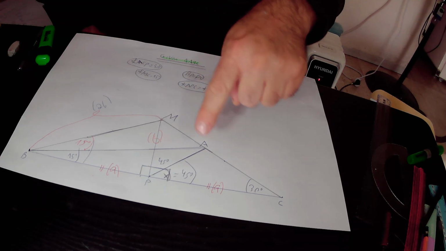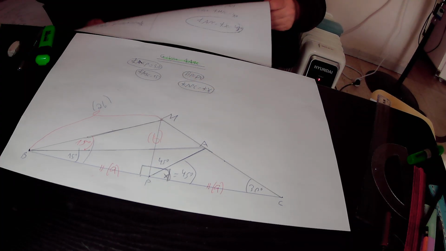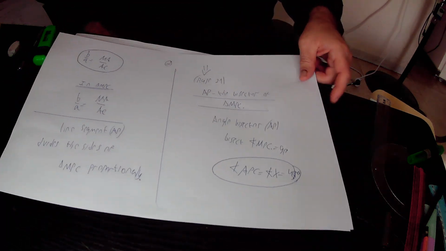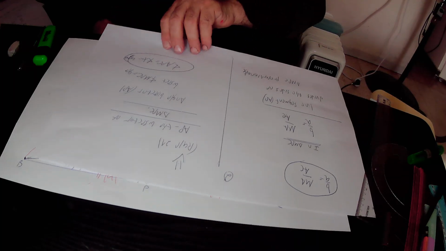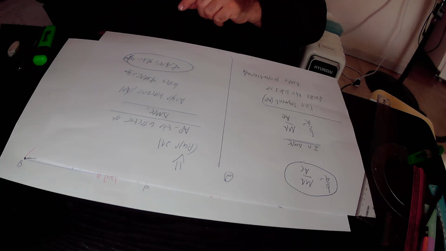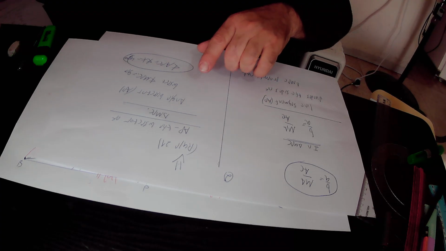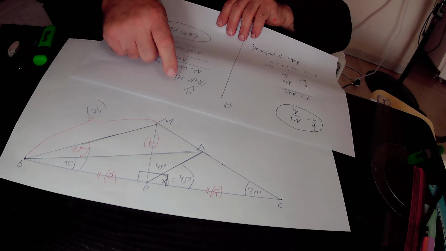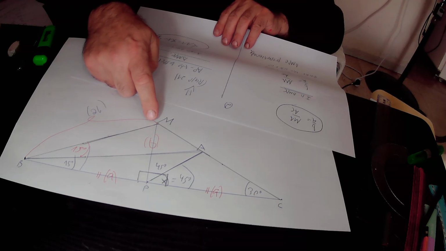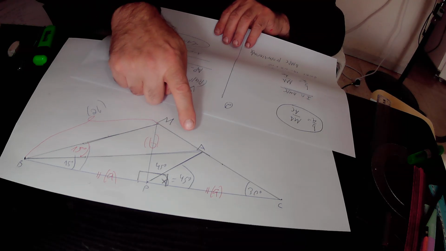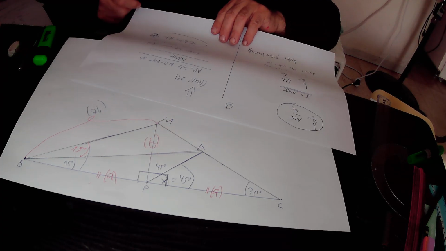Because B over A equals to MA over AC. Because AP divides the sides of this triangle proportionally, it means that AP must be the angle bisector of triangle MPC.